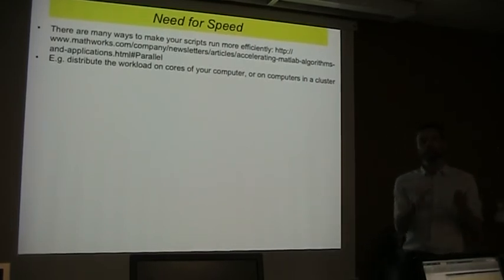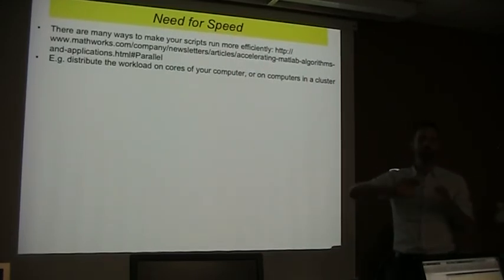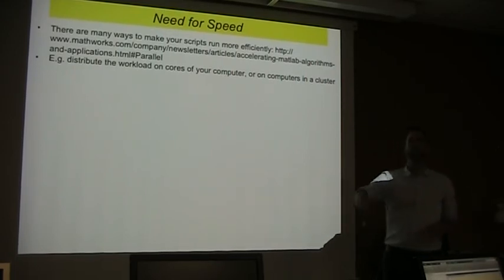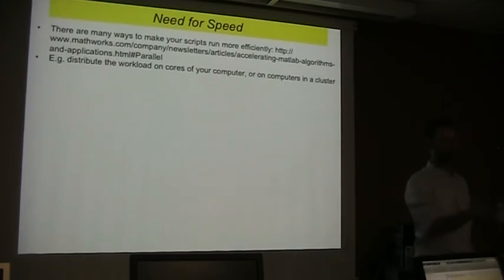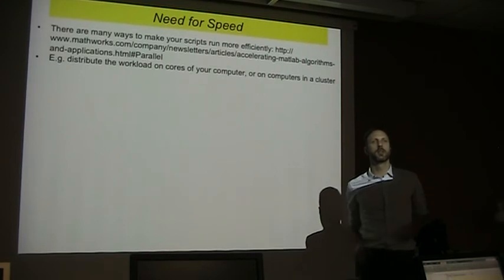If you have a computer with many cores, as we usually do now, you can distribute, for example, if you're running many loops at the same time, you can distribute them to different cores, or to different computers. If you have a computer cluster, let's imagine these are all computers and they're connected to each other, you can just, from one computer, send the data to be computed in all computers, and Matlab is going to do it automatically for you.